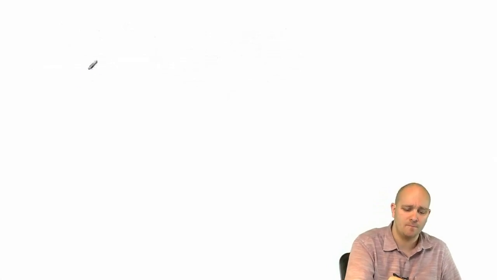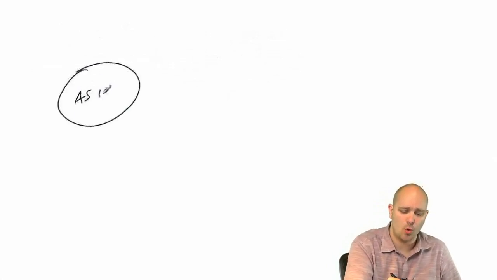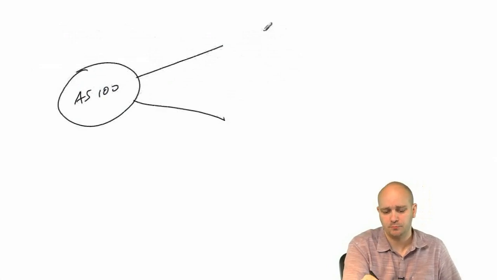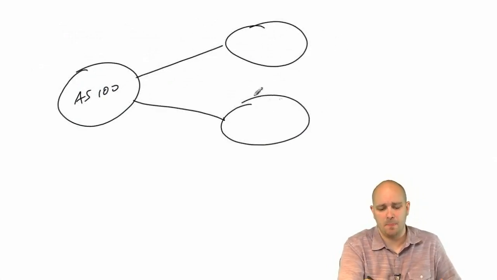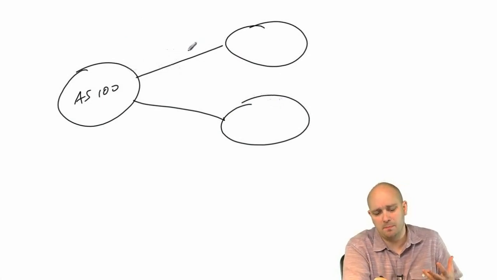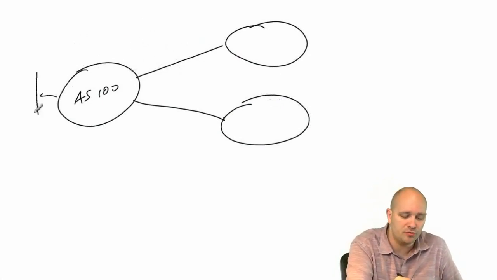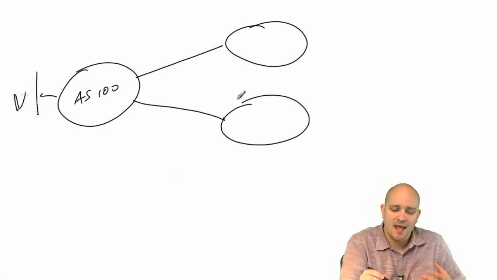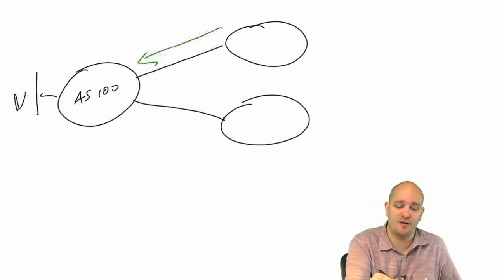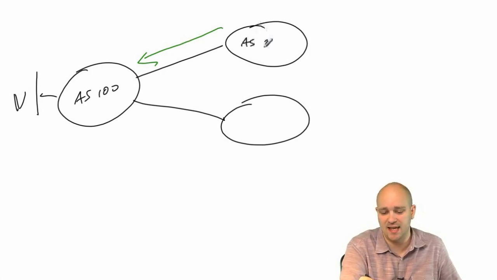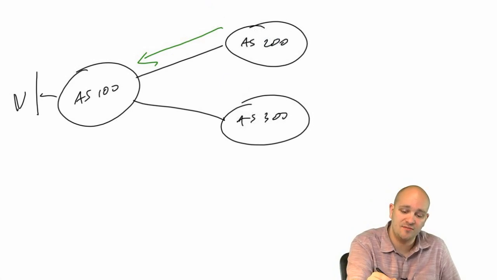Let's say that we are working in AS 100 and we have 2 peers here that both might be receiving default or that are both receiving some network N. Now what we want to do is, for whatever reason, we actually want to receive traffic over this AS. So let's say that this is AS 200 and this is AS 300.